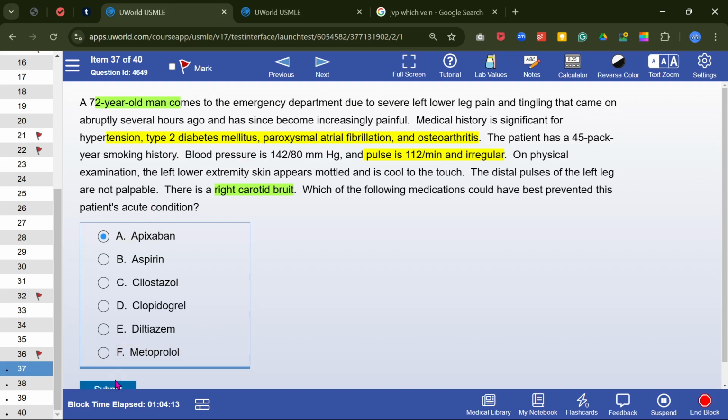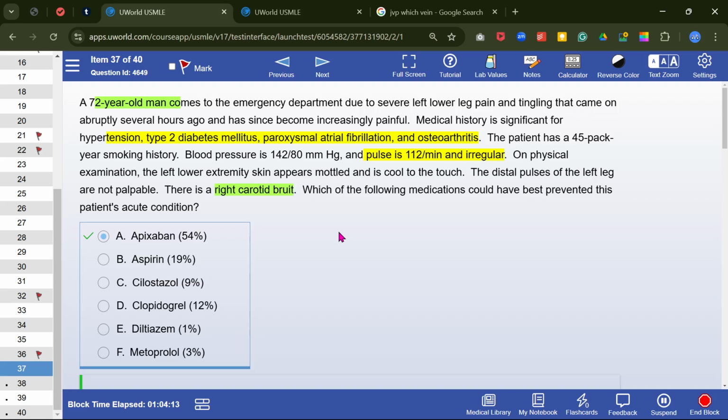In this condition, we need to do the CHADS-VASc score, isn't it? Yes, because this is non-valvular, no valve is involved here. Non-valvular atrial fibrillation comes with the CHADS-VASc, and in CHADS-VASc, just look, he is a man, so he gets 1 point.